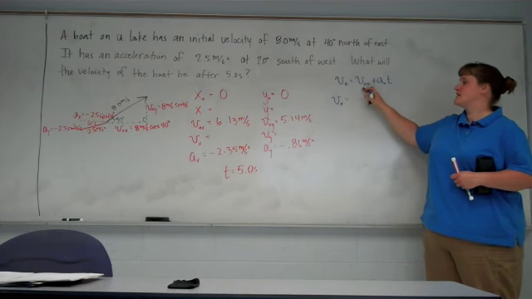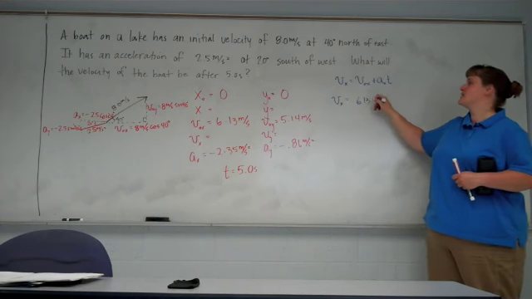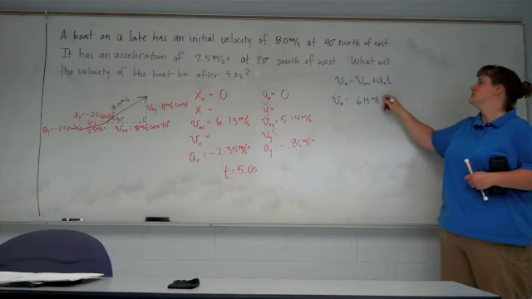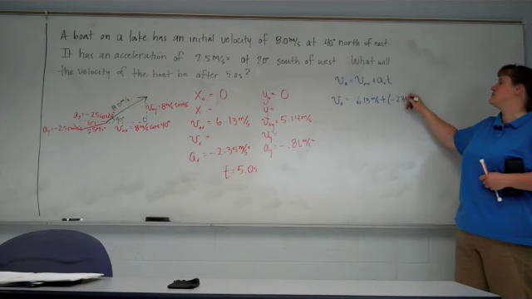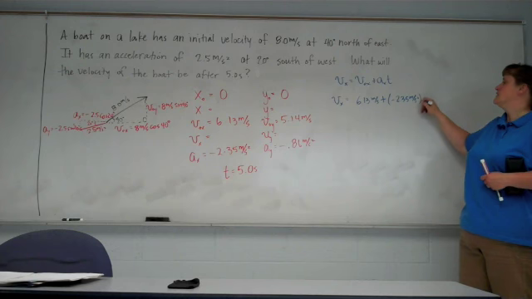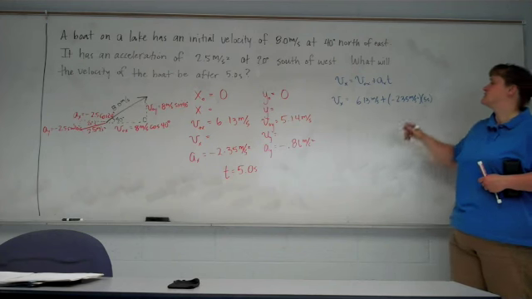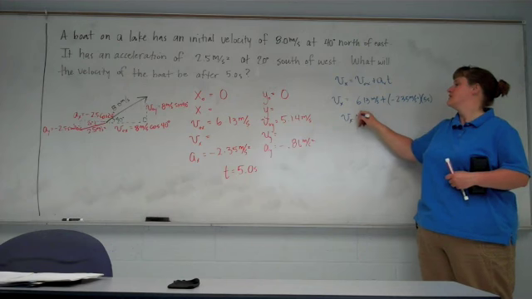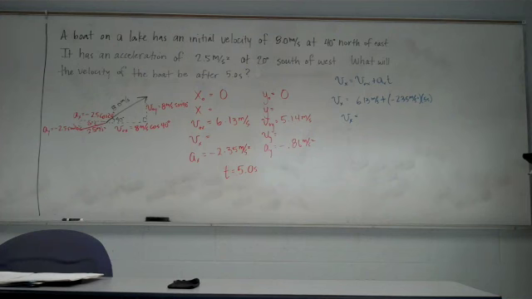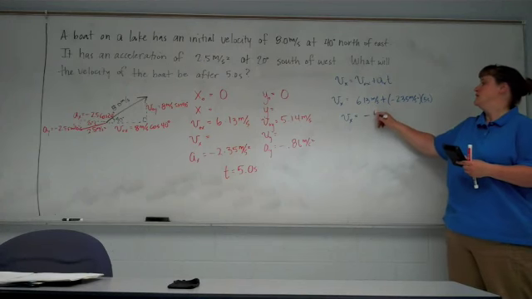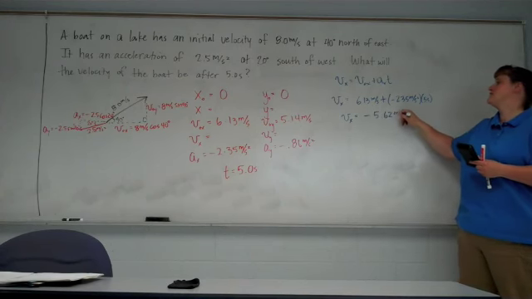Our initial velocity in the X direction is 6.13 meters per second. Our acceleration in the X direction is negative 2.35 meters per second squared. Our time is 5 seconds. Negative 5.62 meters per second.